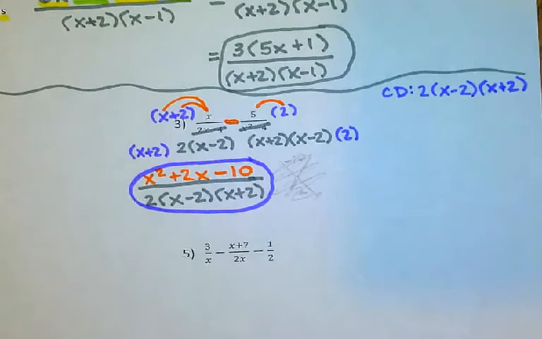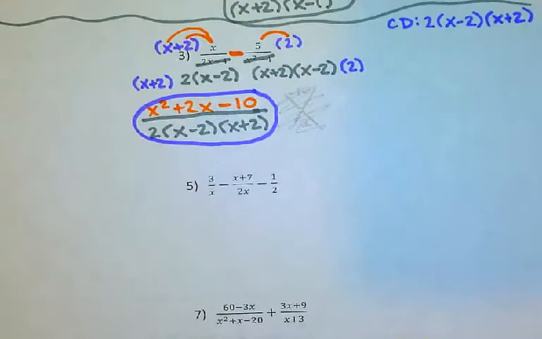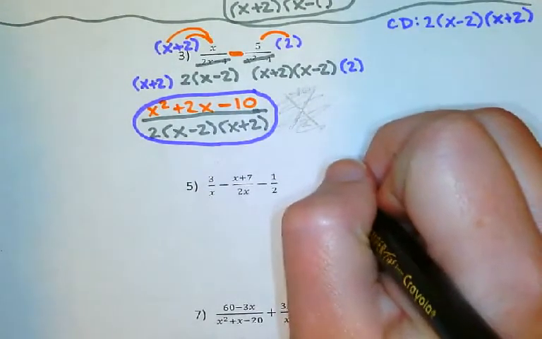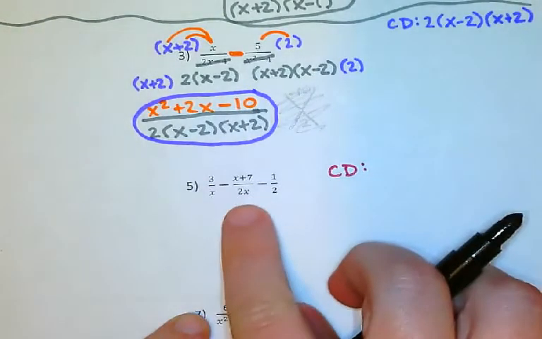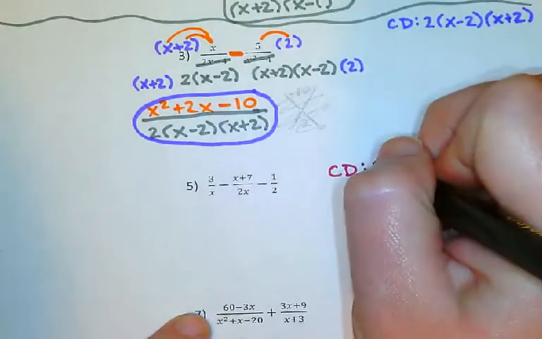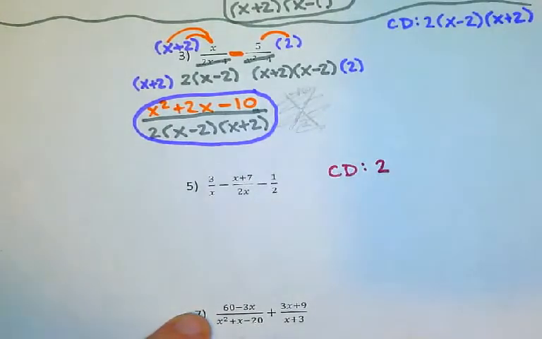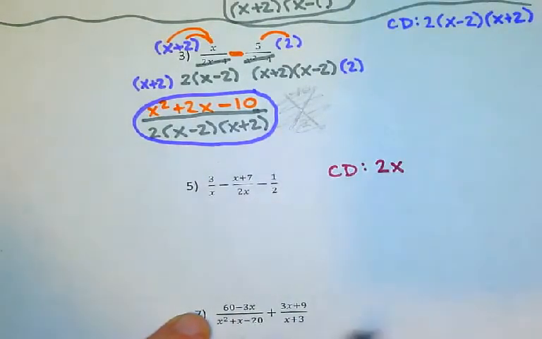Alright, if we were to take a look at number 5, underneath that, for our common denominator here, something that I see is I see the number 2 in 2 of these fractions, and I see an x in 2 of these fractions, and nothing else.